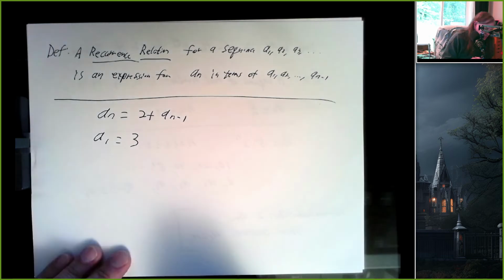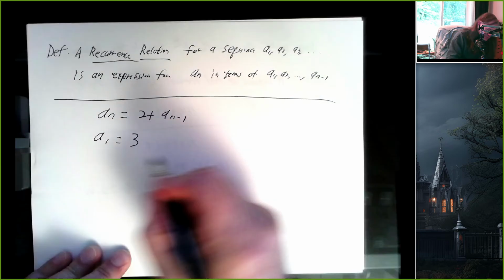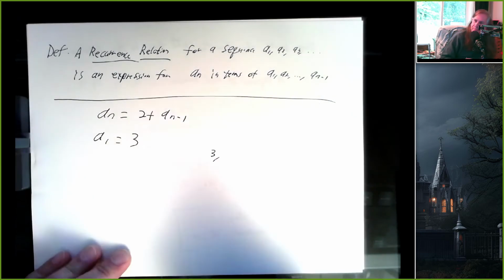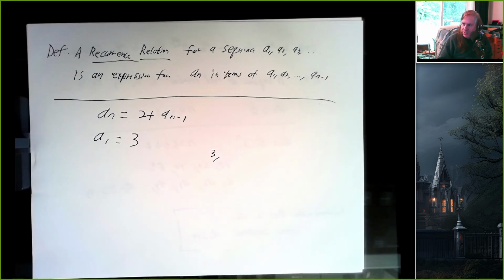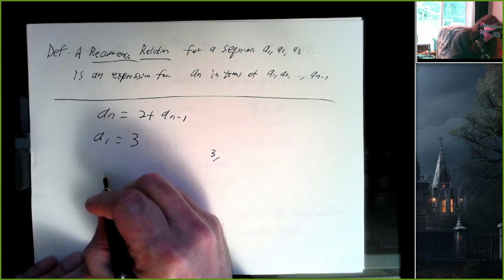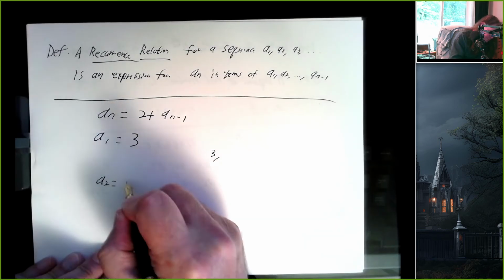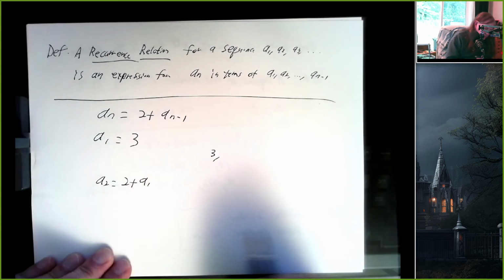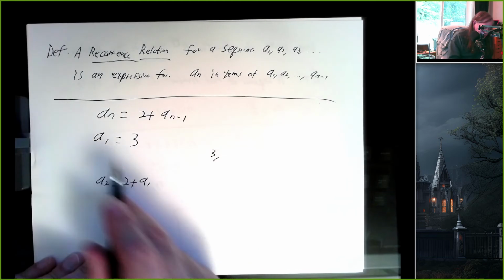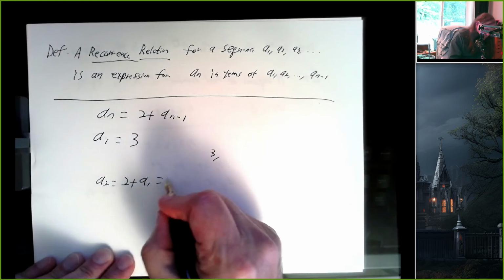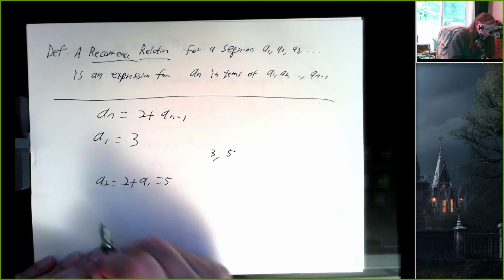All right, the first element is definitely 3 because it tells us right here A1 is equal to 3. What is A2 equal to? Right, this says it's just 2 plus A1. Since A1 is 3, A2 is equal to 5.